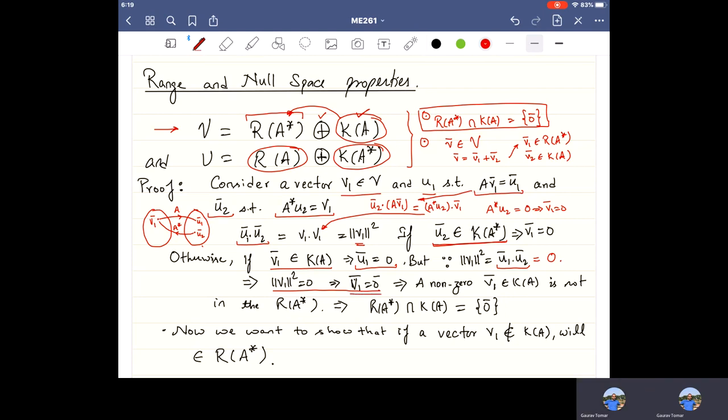So if v1 belongs to the null space of A, then v1 has to be 0 under the above condition. A non-zero v1 belonging to K of A cannot be in the range of A star. You can immediately conclude that the only vector in common is the zero vector.